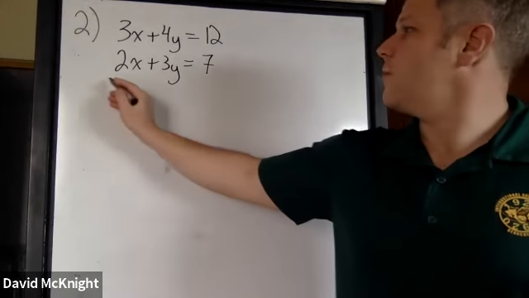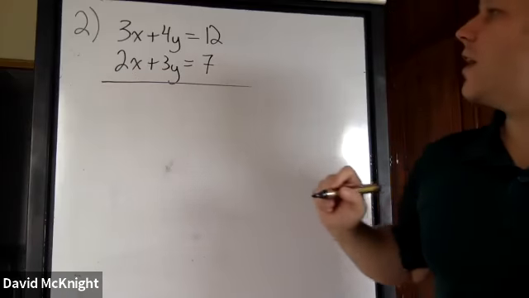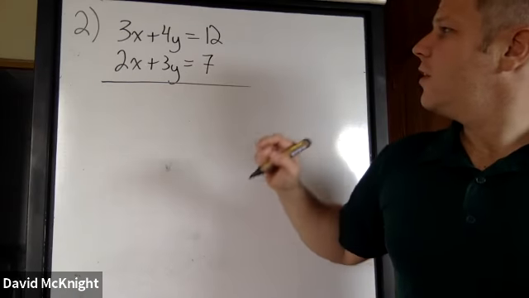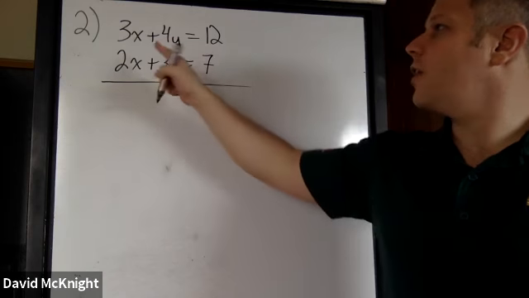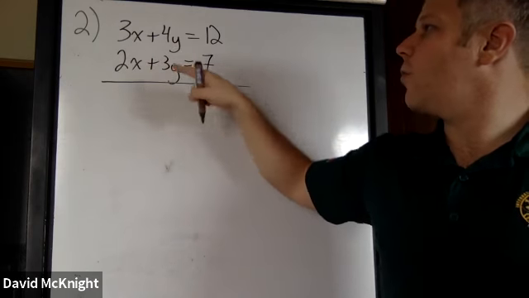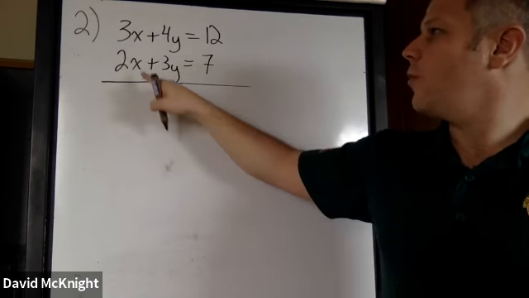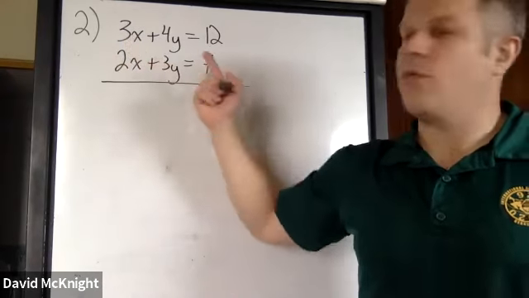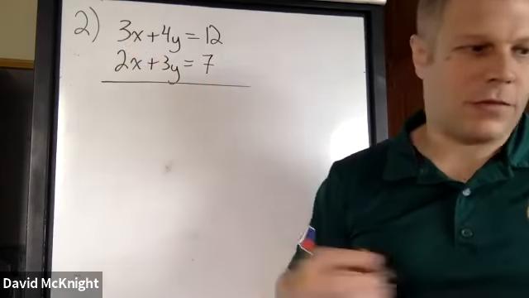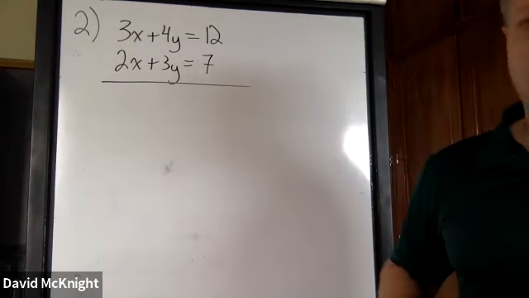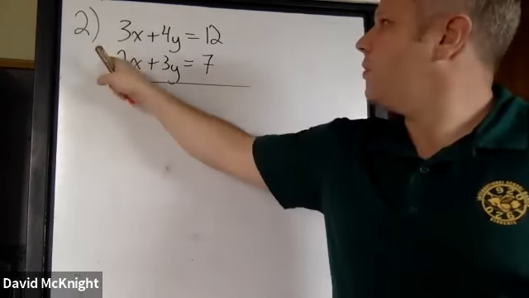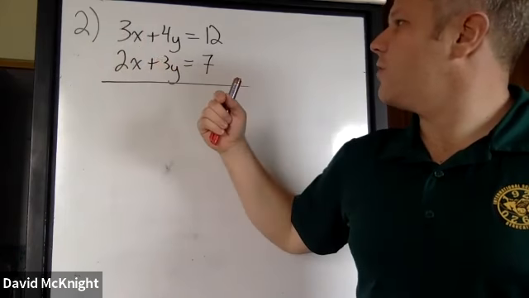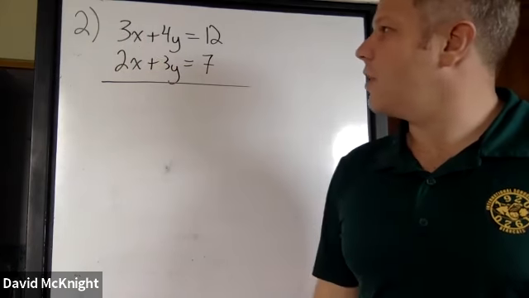a system of equations. So let's go ahead and decide, well, I could eliminate the x values or the y values. And what I want to do is try to make the coefficients of one of those variables the same. Okay, so 3 and 2 is not the same. 4 and 3, these coefficients are not the same, so we're not going to get rid of any variables.